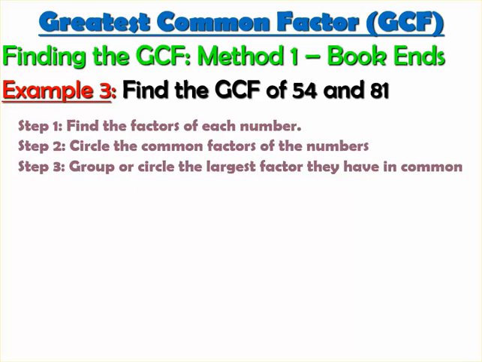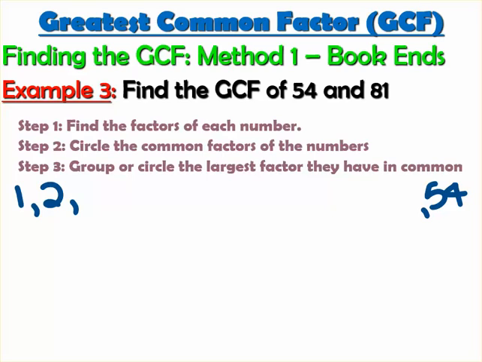Let's do another one. And this is one that, again, you're probably actually not going to be able to do in your head. We want to find the greatest common factor of 54 and 81. Let's start by listing all the factors of 54. So my bookends are 1 and 54. 2. Well, 2 is going to go in there because it is even.